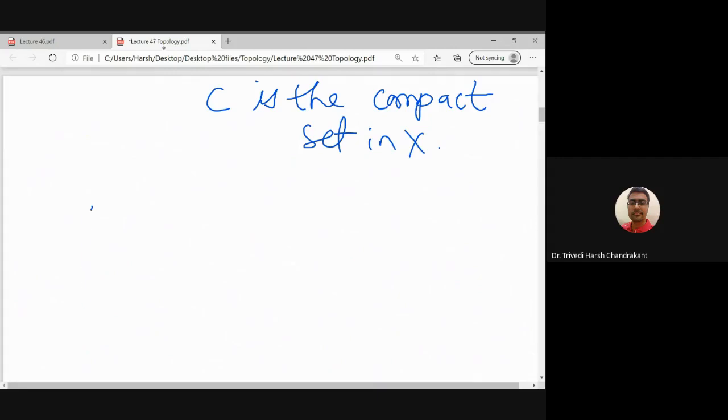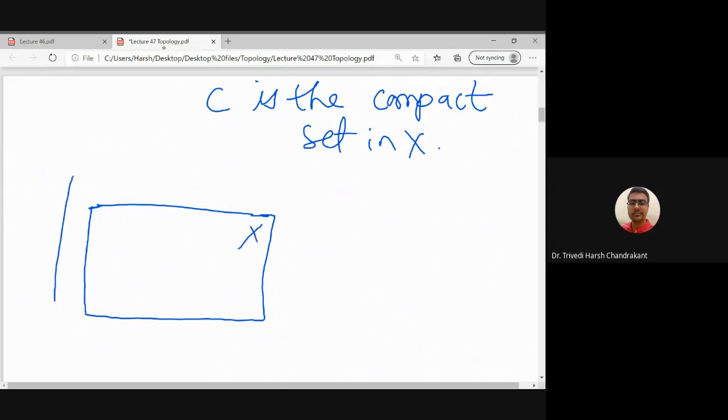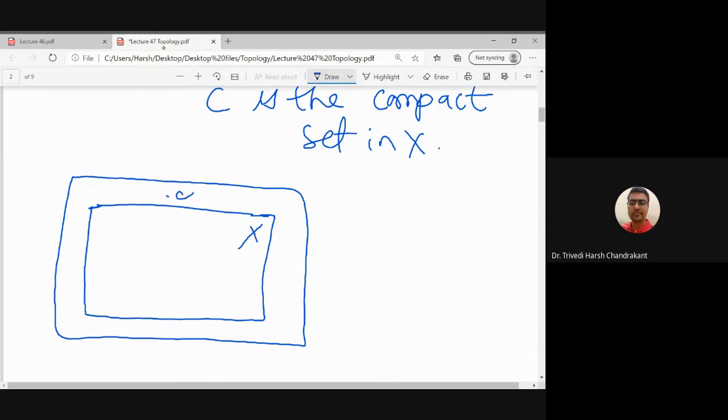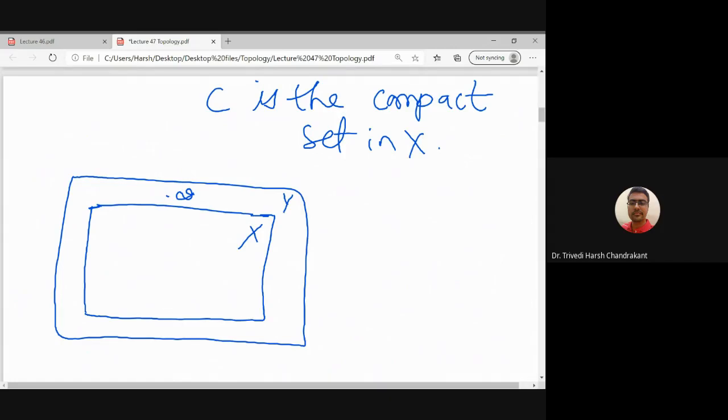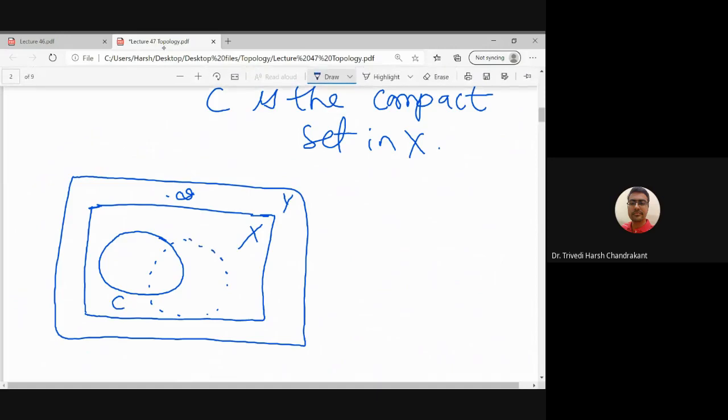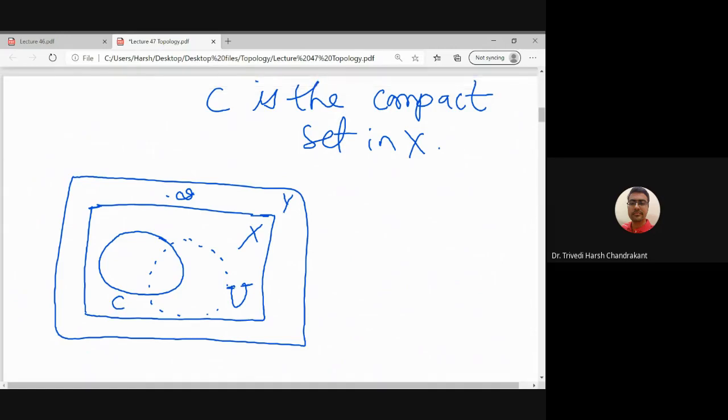Suppose I have a set X which is a compact Hausdorff space, and if I add infinity to it, then I get the space Y. So in this case, if we have a compact set C and a neighborhood U, what will be this particular set Y minus C union U?